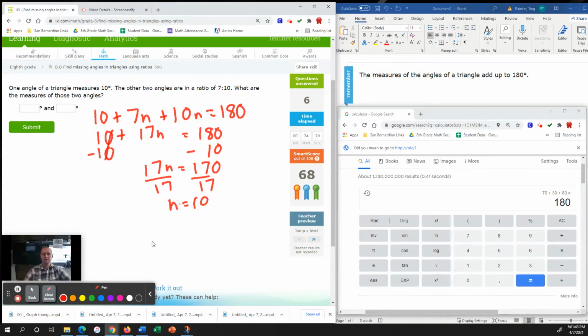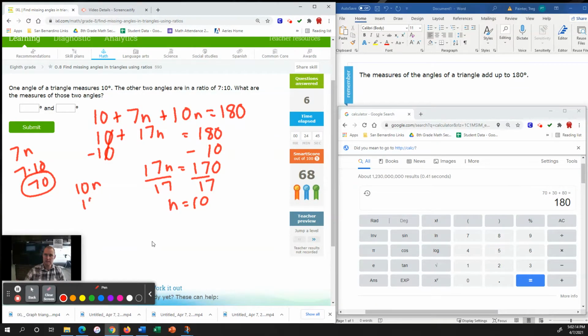I like multiplying by 10. Just makes things so easy and nice at the end. All right, a ratio. We got 7 to 10, so let's start with the 7. So it's 7n, which means 7 times 10. And 7 times 10 is 70. There's one angle there. And our other ratio of 10 is 10n.